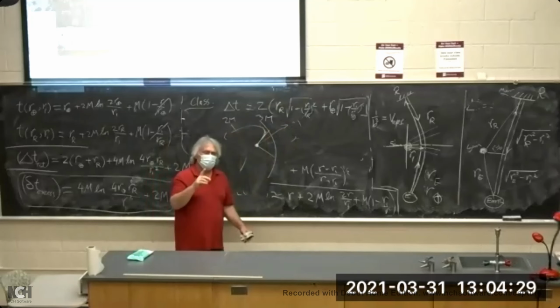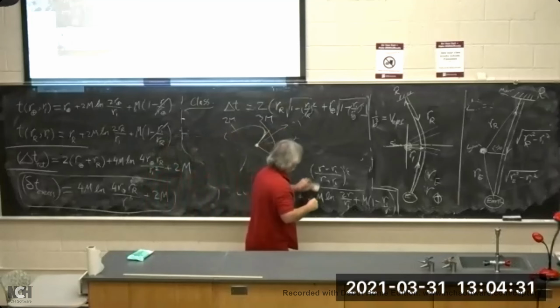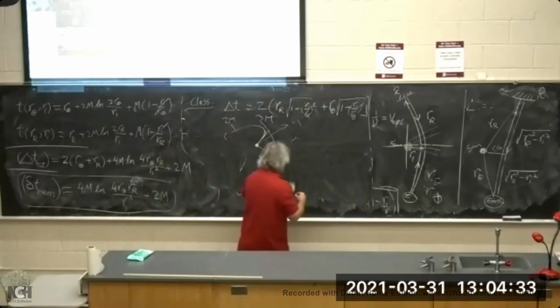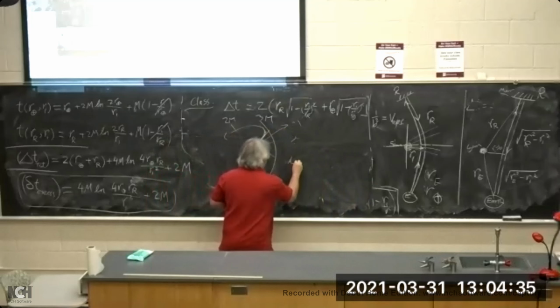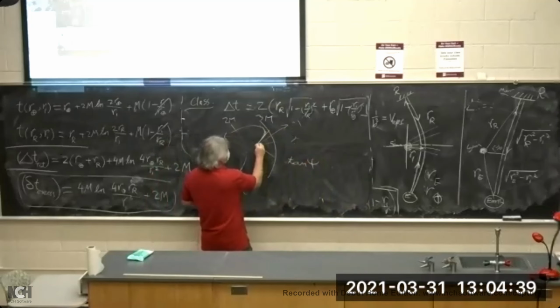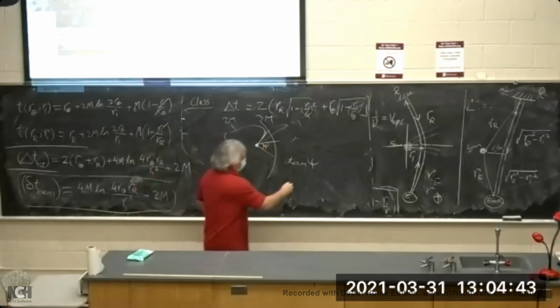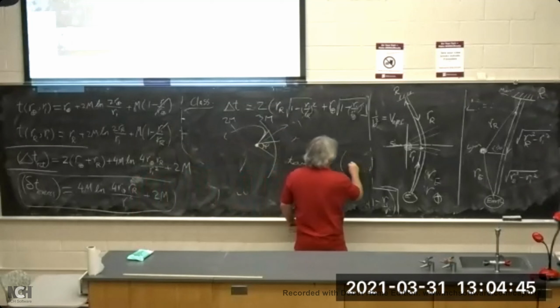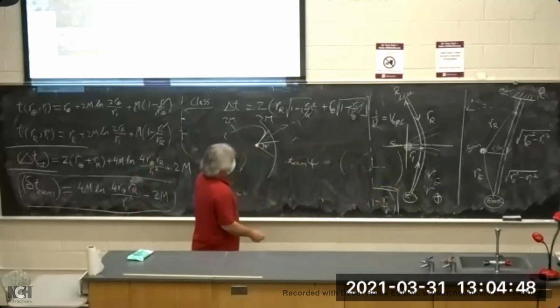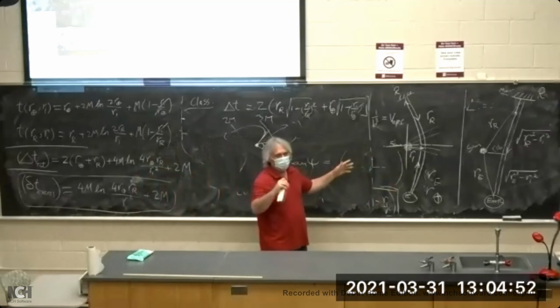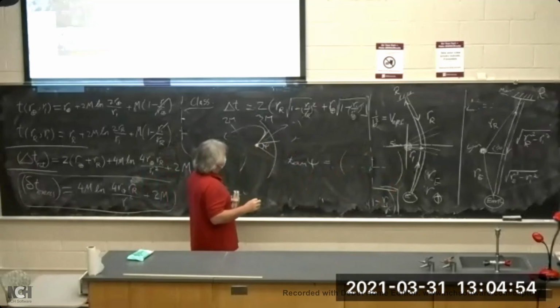The answer was that you had an expression for the tangent of psi, psi being this angle. You had a general expression just from the equations of motion, containing L and E and all those different things.